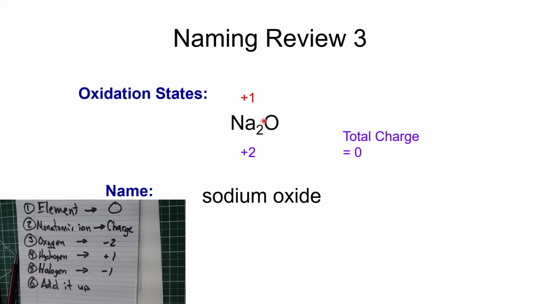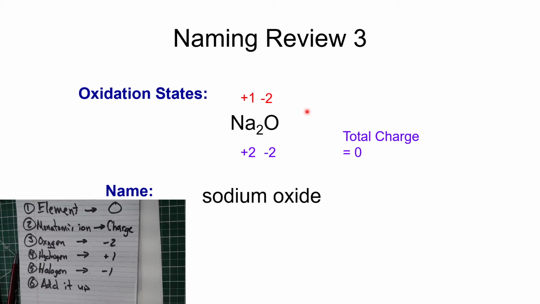Since we only have 1 element left, we can figure out by context what the oxygen must be. Positive 2 plus some number gives us 0. Clearly, that some number has to be negative 2. And then negative 2 divided by the 1 oxygen gives us negative 2. So there we have the oxidation state of both sodium and oxygen in sodium oxide.